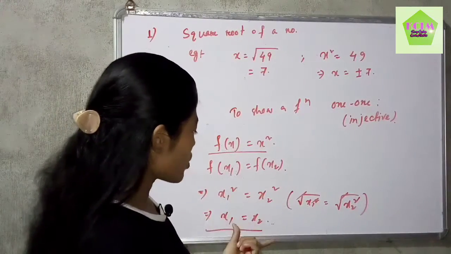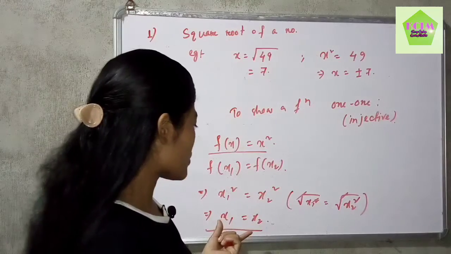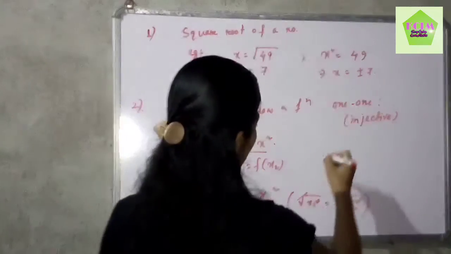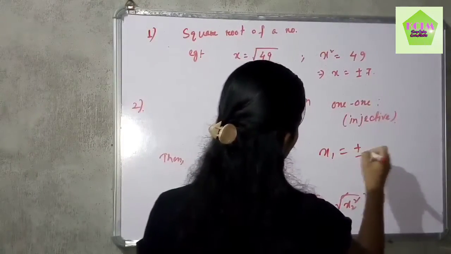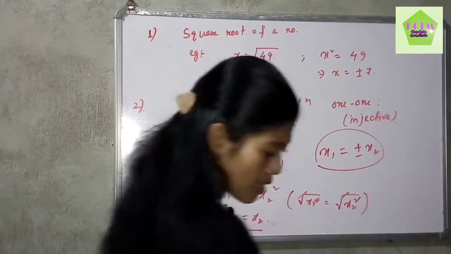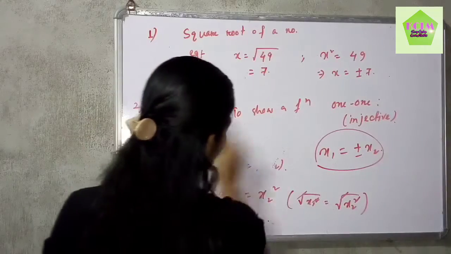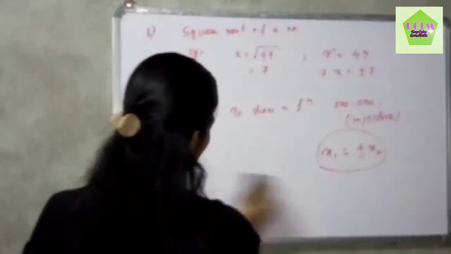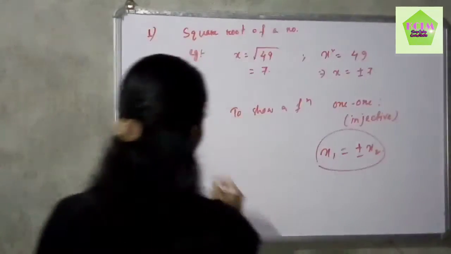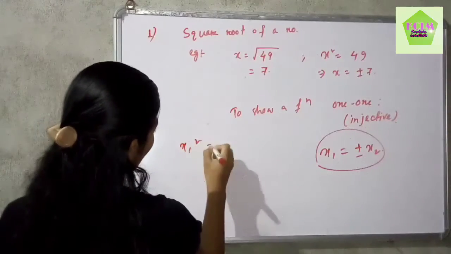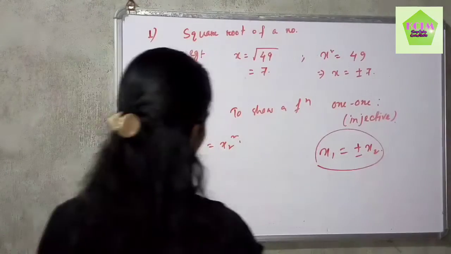But not all the time is x1 equal x2, because sometimes x1 equals plus or minus x2. I have shown you in the first one, again I am repeating, that x1 square equals x2 square.